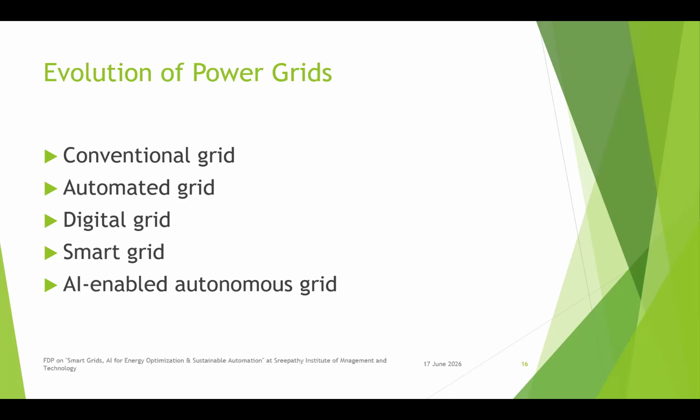Next is the AI enabled grid, incorporating artificial intelligence, machine learning, and digital twin technologies. Nowadays digital twin technology is adopted in the autonomous system. That is the present stage of the technology.